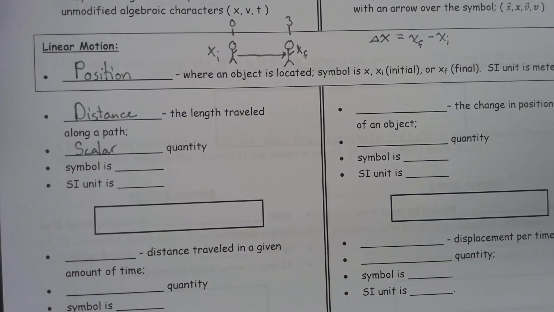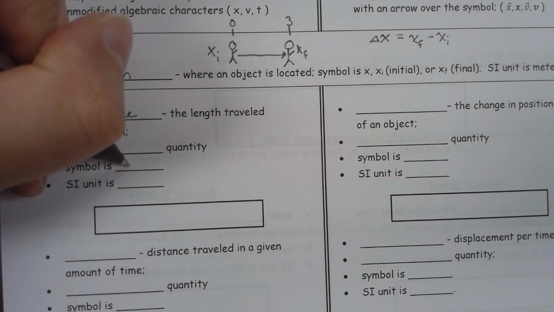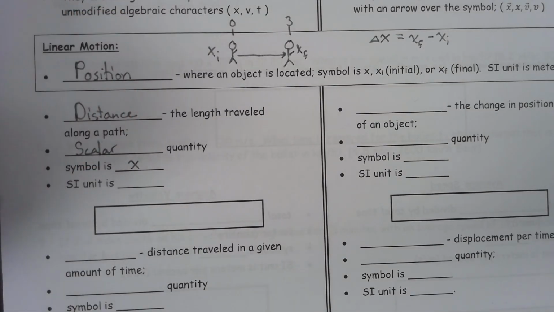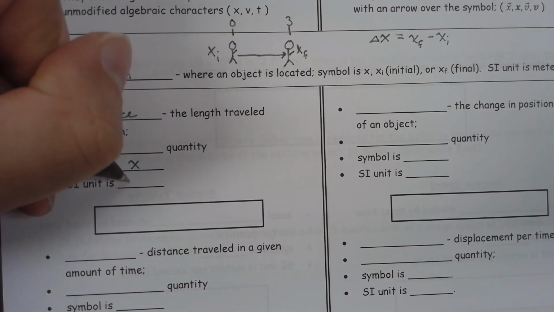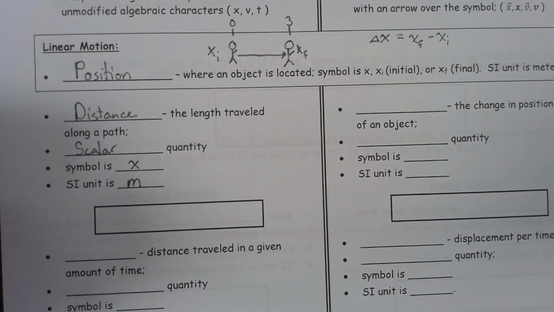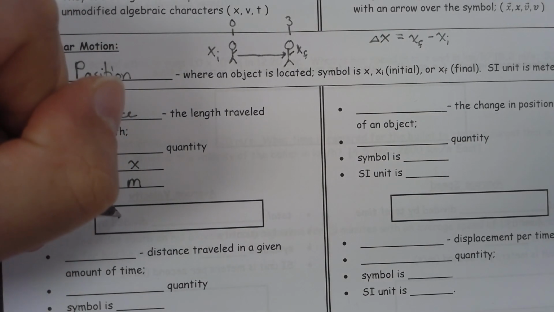It's split in half. The symbol is x. It's relative to its position, okay, or change in position. The SI unit is, what's the unit for distances? Meters, okay.